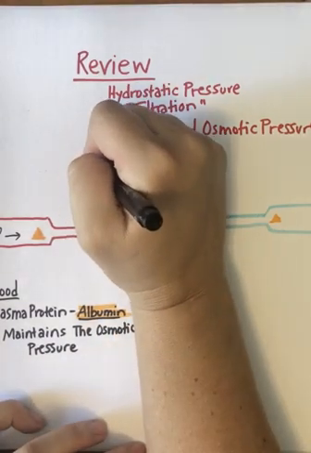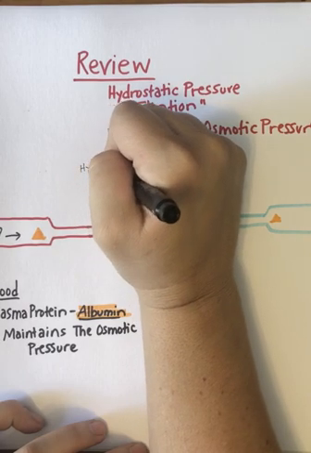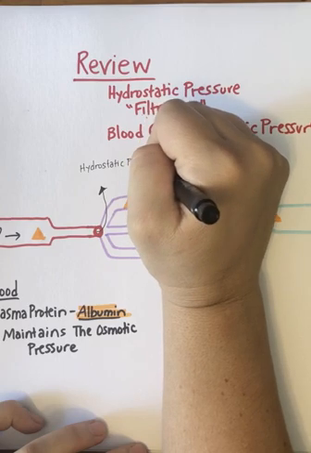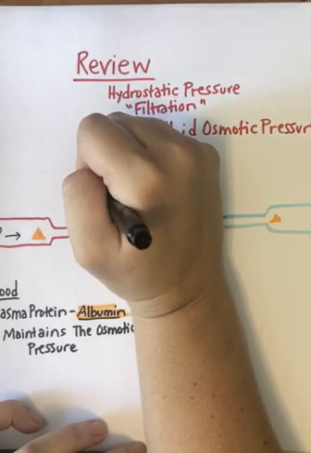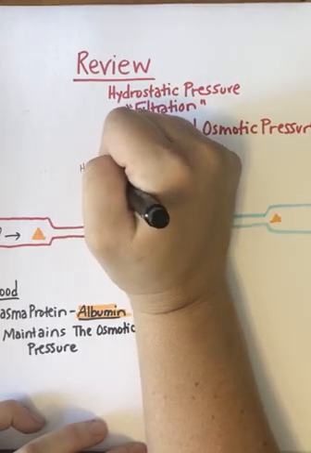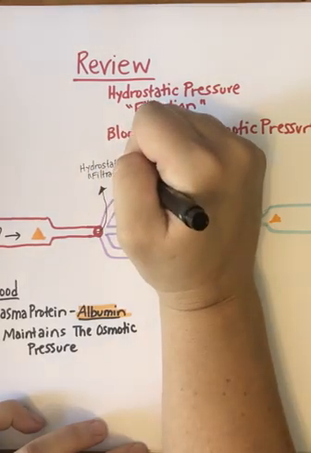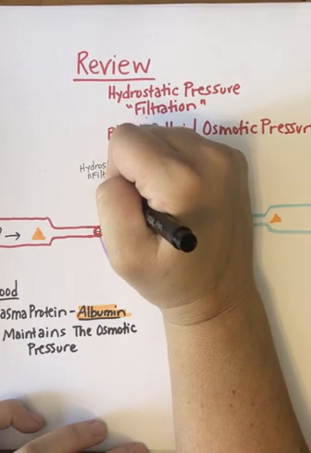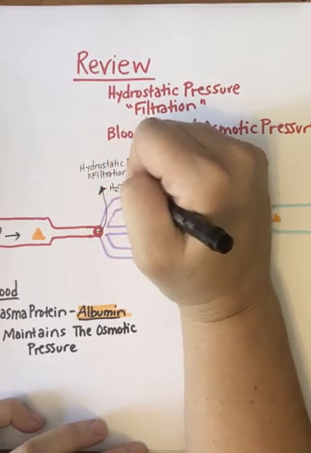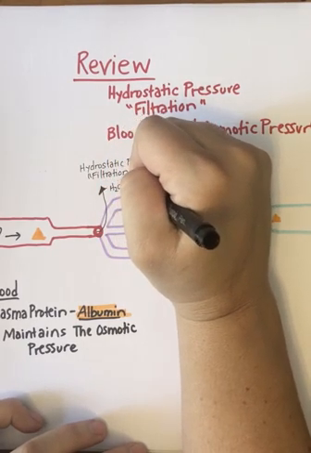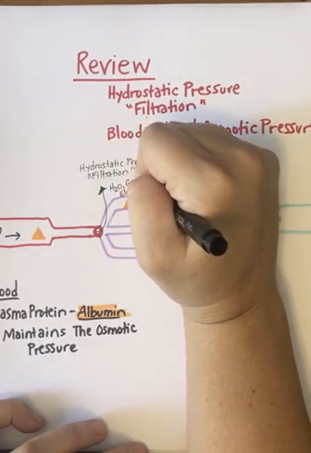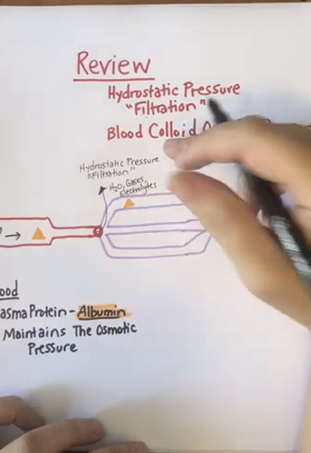So we do call this hydrostatic pressure, but it is also called filtration. Now we use that word filtration more in the kidneys, but it is still hydrostatic pressure. So you're pushing out water, you're pushing out gases, it's going to be electrolytes, it's all kinds of things that are being sent to the tissues.